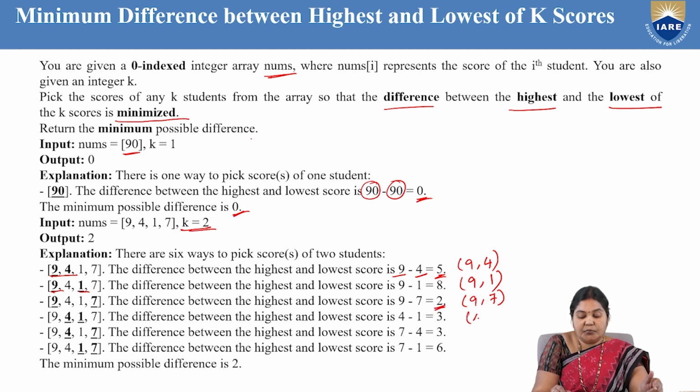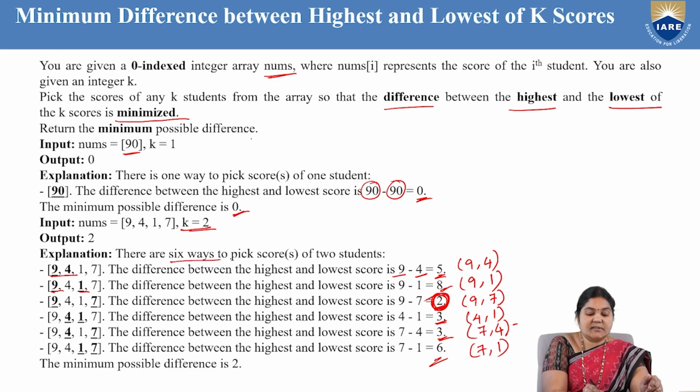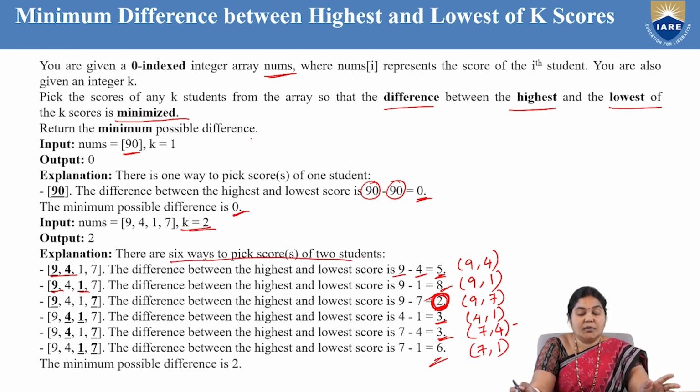Next, if I take 4 and 1, 4 minus 1, the difference is 3. If I take 7 and 4, the difference is 3. If I take 7 and 1, the difference is 6. Out of all the scores, the minimum possible score is 2. So, they have said there are 6 ways to pick the scores of the 2 students. So, this is one approach.